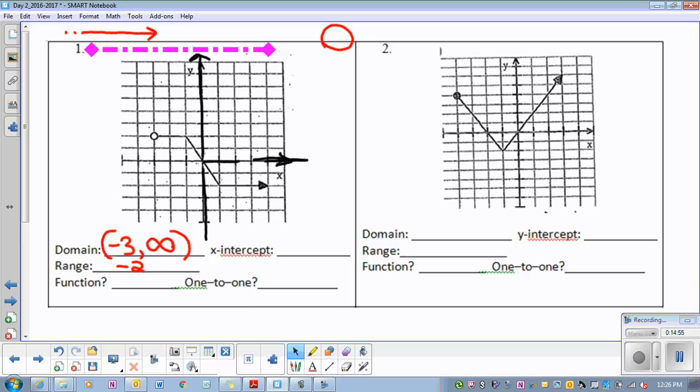If you look, this is actually a solid line, right on -2, so that means that it is included. So this is equivalent to a closed circle. Okay, does that make sense? All right. So then this would get a bracket.